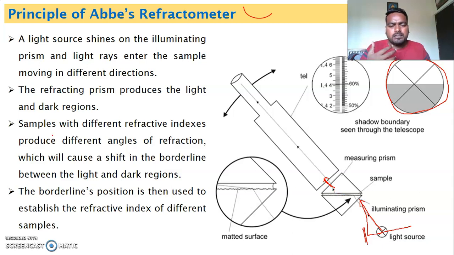A sample with a different refractive index produces a different angle of refraction, which causes a shifting of the borderline between the dark and light regions. This shifting of the borderline, or the borderline position produced from the prism, is the key used to establish the refractive index of different liquids.